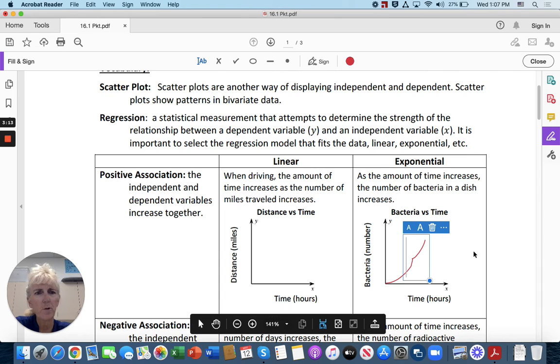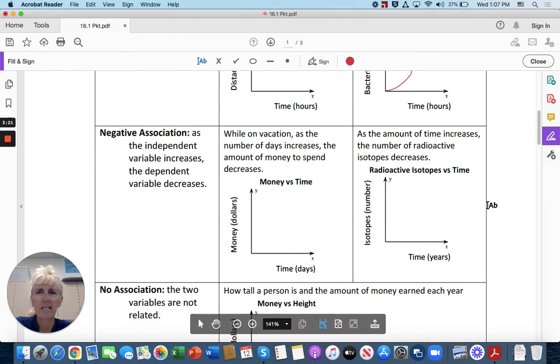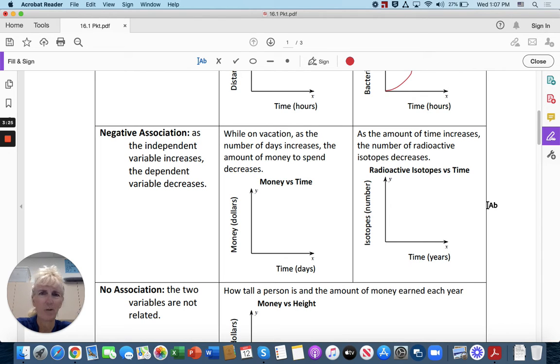Okay, so it's somewhat like that, although you should make it nice and smooth as you're going up on the exponential functions, okay? So a negative association, as the independent variable increases, the dependent variable decreases.